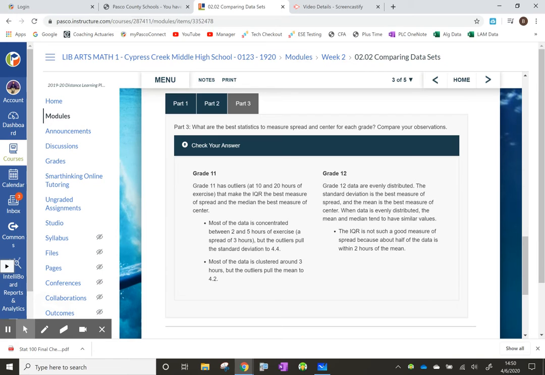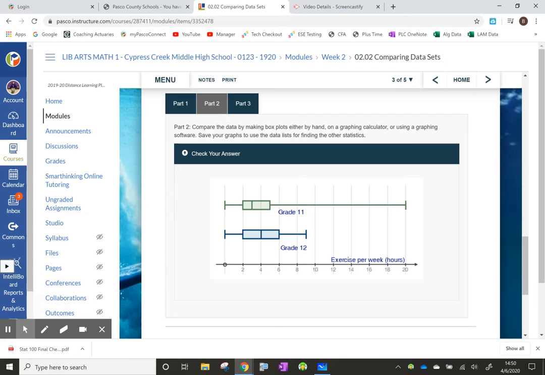The median is something you would use to describe a grade 11 type of graph, and a mean you would use to describe a grade 12 type of graph. Just because outliers can really affect that information. The median is not really affected by outliers, which is why median would be great for grade 11, because grade 11 has those outliers and the median is not impacted by that.